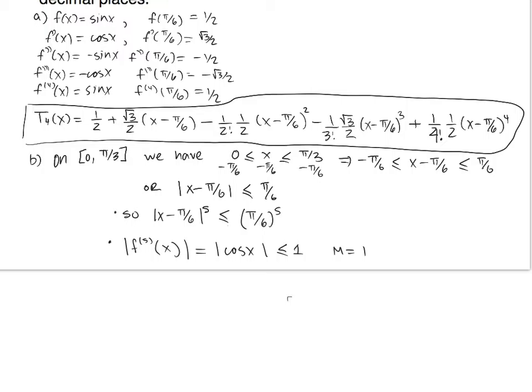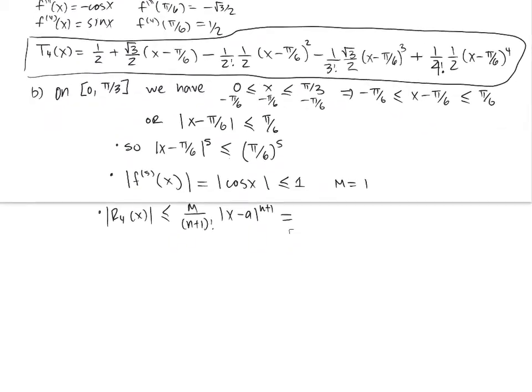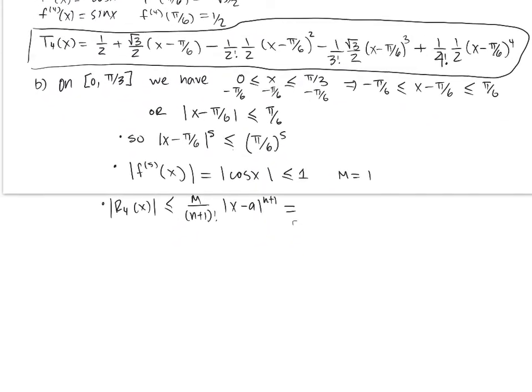Okay, then R4 of x is less than or equal to M over (n plus 1) factorial times |x minus a| to the n plus 1. And what numbers go in for all that stuff for us? What goes in for M? 1.